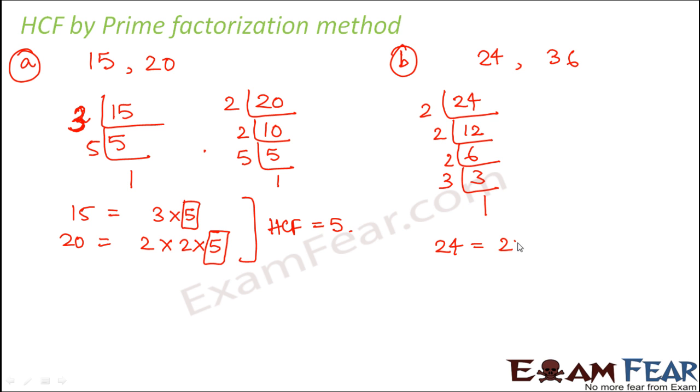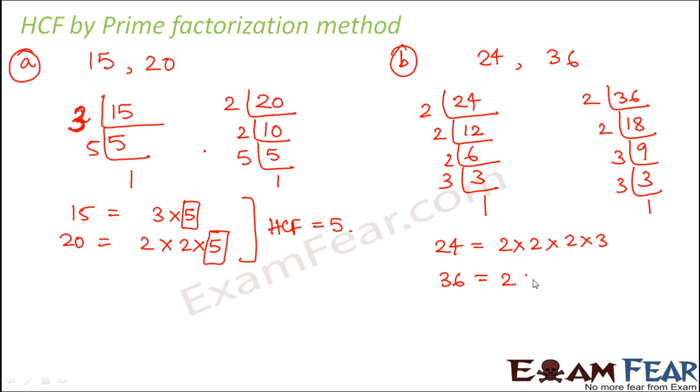So 24 can be written as 2 into 2 into 2 into 3. Now let us talk about 36. So here 2 18s are 36, 2 9s are 18, and then 3 3s are 9, and 3 1s are 3. So 36 can be written as 2 into 2 into 3 into 3.